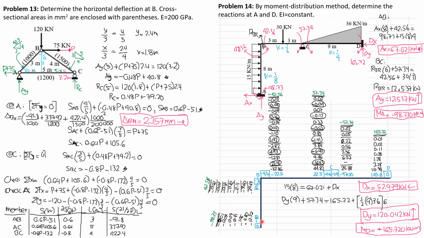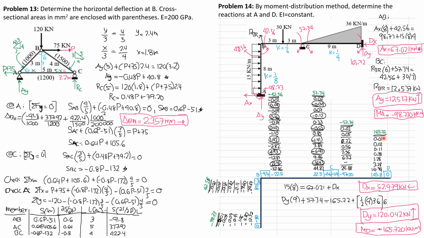It is expected of you that you know it, because if you do not until now, that's your problem. So adding, we have negative 98.73, adding these columns of 42.56, this column here, negative 42.56, so that shows that the tabulation is correct. So here, adding 57.34, adding these moments, negative 57.34, so correct.